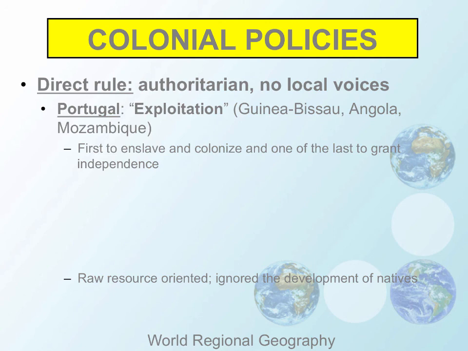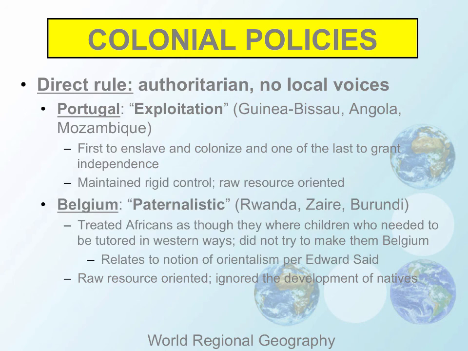Then there were countries that took direct rule. So Portugal and Belgium were both particularly brutal, especially Belgium. King Leopold of Belgium basically ruled Rwanda as a personal fief, and thought of all of the labor and all of the resources there as personally belonging to him.